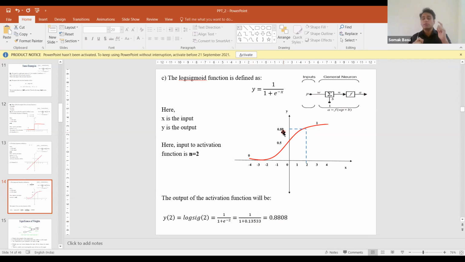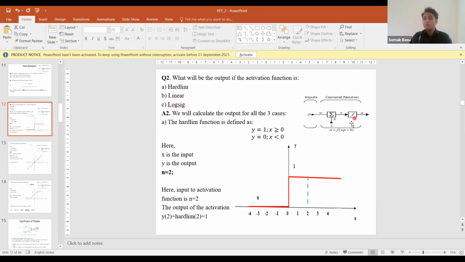So to summarize, this was a very important example. I'll again summarize because students initially may find it a little difficult to follow. If the activation function is a step function or a hard limiting function, the output would be 1, because if the input is 2, the output is 1.